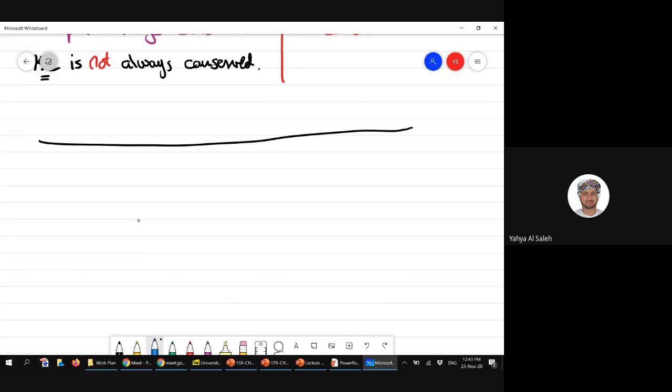We will have m1 v1, then we will have m2 v2. After collision, boom, we have them both together going at v3.